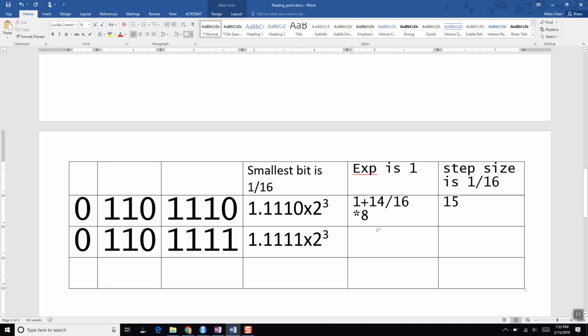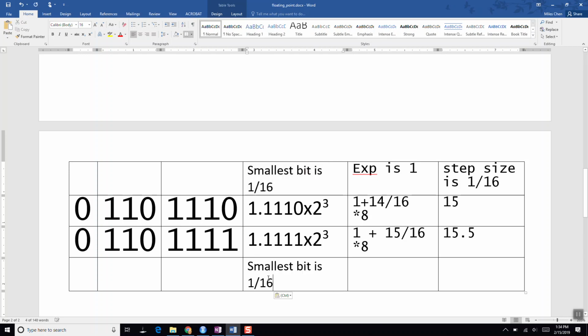And here I have 1 and 15/16 times 8, and this gives me 15.5. And so basically right here, my smallest bit is 1/16. The exponent portion is 8, so the step size is 1/2.